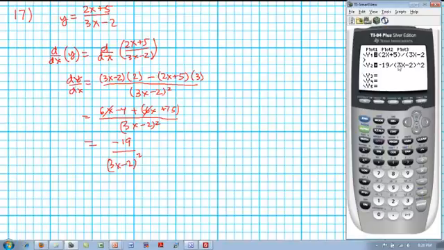Okay, and we can tell, by the way, by looking at this, the denominator is always positive, so this function is always going to be negative. So there's our original function again. And there's our derivative function, always negative, getting very large and negative as we get next to that vertical asymptote. Great.